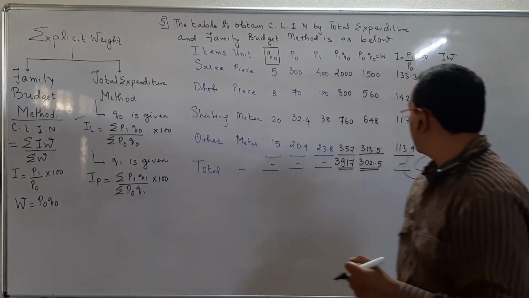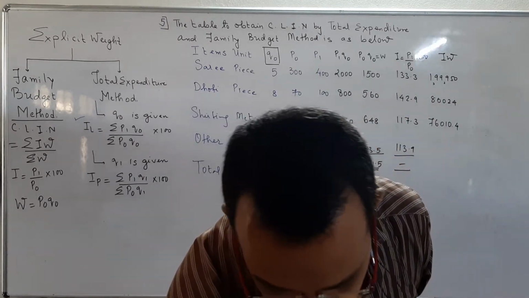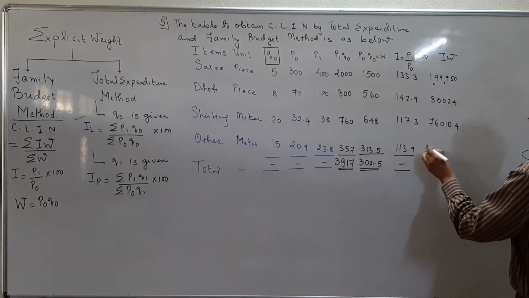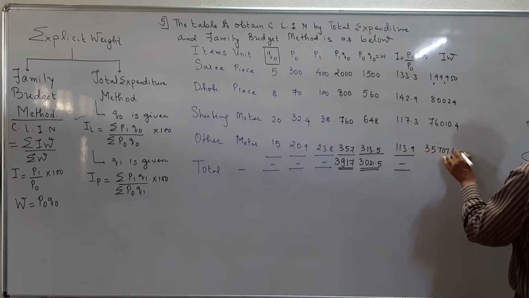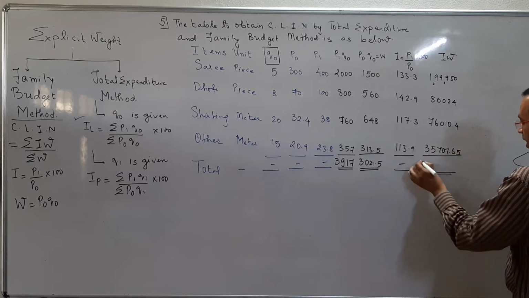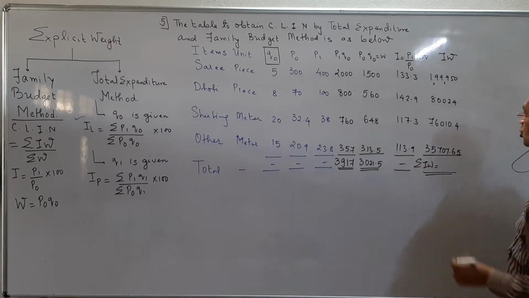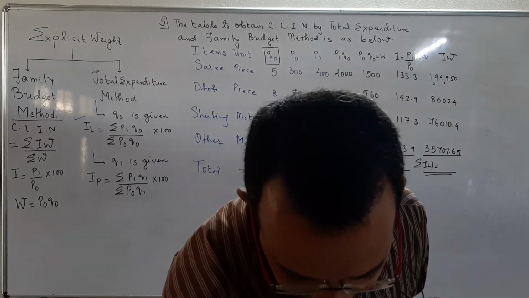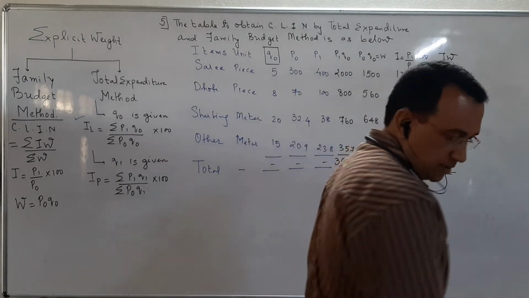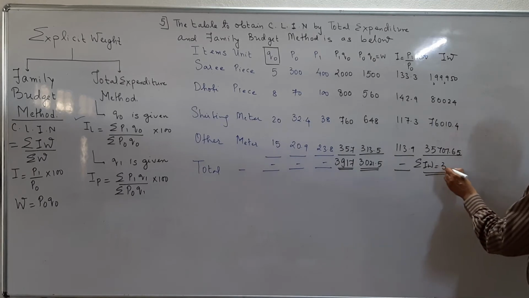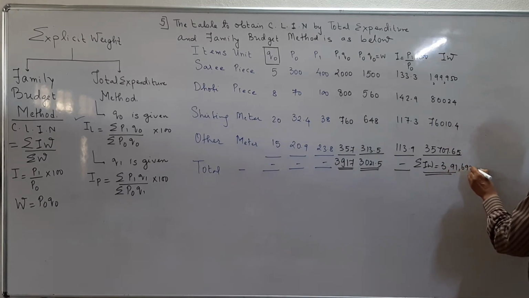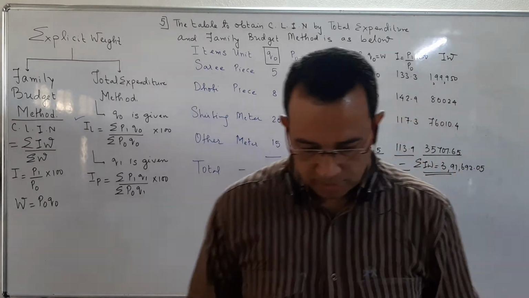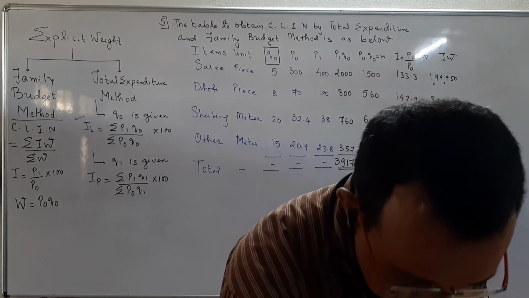And last, 113.9 into 313.5 is 35,707.65. And this total of IW comes out to be 3,91,692.05. Total the columns once again with utmost care.